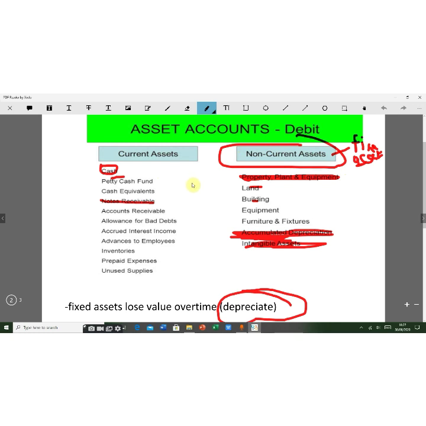But then if we are an entity or a business that sells cars, we buy a car and then we can sell the car next month or in the next 2 or 3 months, then the vehicle is no longer a non-current asset but a current asset because it is inventory. We sell cars. It's sold within 12 months, not after 12 months.